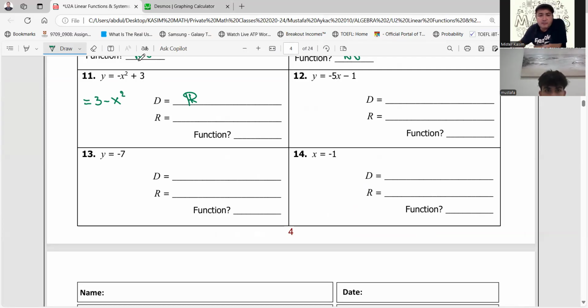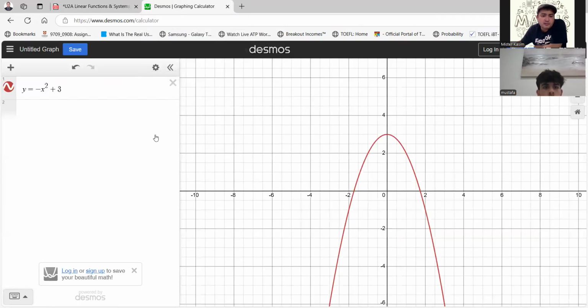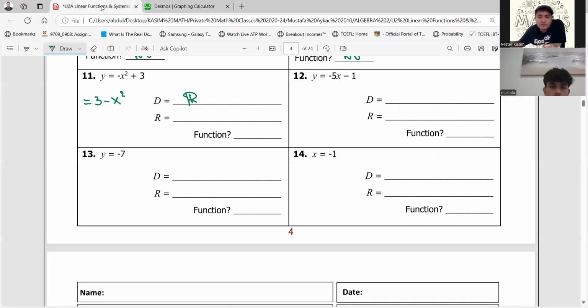So the maximum, you don't have to look at the graph actually, but look at the equation, you should be able to answer the question. That's the maximum value, x equals 0, y is equal to 3. The whole graph is below this line. So then what is the range? Range is from negative infinity to -3 because the maximum value is -3.